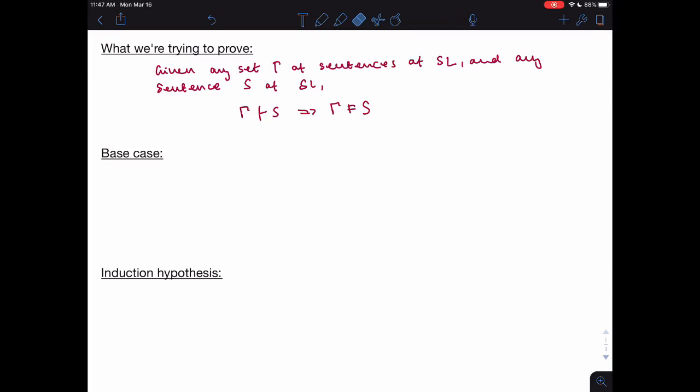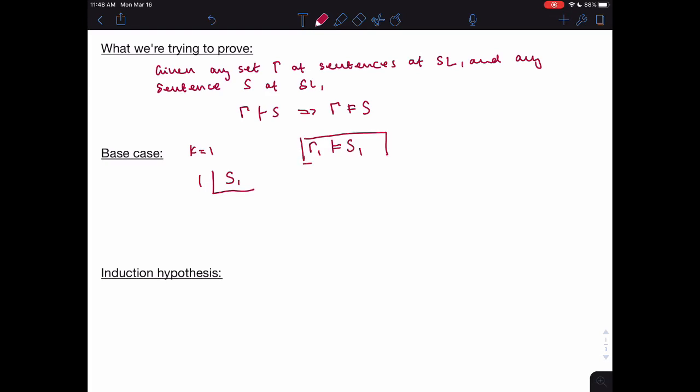Let's get started with the base case. This is the first step of our proof by induction, in which we prove that the soundness theorem holds for the shortest possible derivation, a derivation of length 1. So length k equals 1. What does a derivation of length 1 look like in this case? Okay, well, it's going to have one line, and let's just say that the sentence there is S1, whatever sentence is associated with that line. So we want to prove that gamma 1 truth functionally entails S1, right?